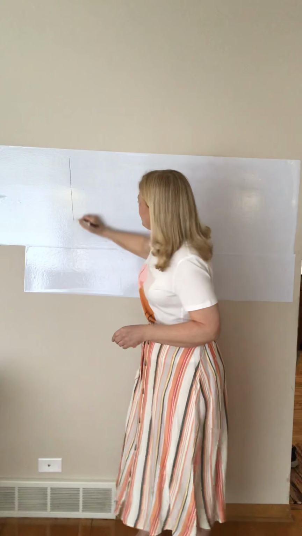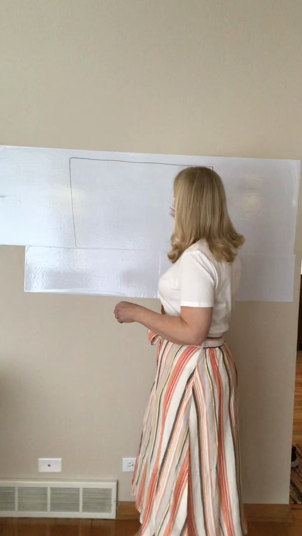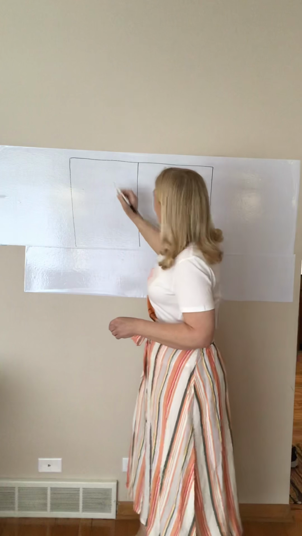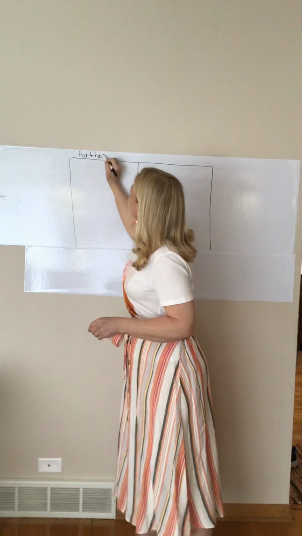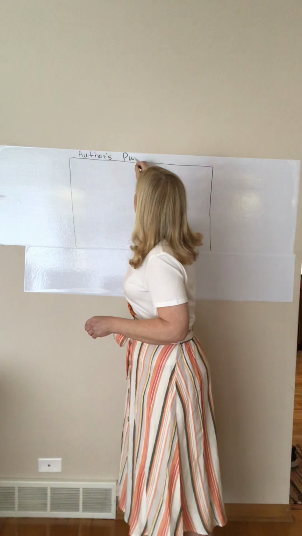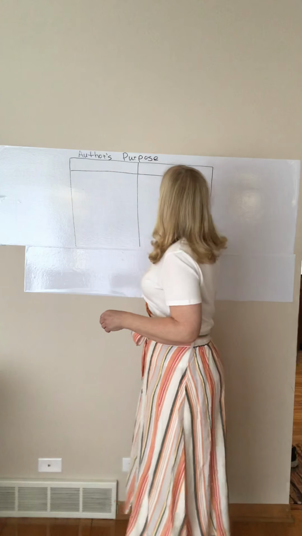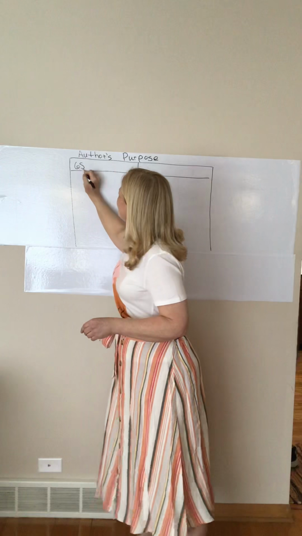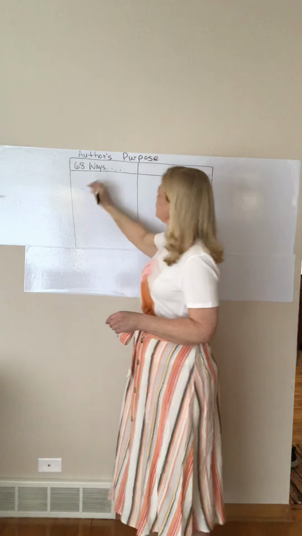And I'm going to just kind of make almost kind of like a T-chart, if you will, over here. Okay. And up at the top, I'm going to title it Author's Purpose. And I'm going to need to put the title of my books. So I'm going to say 68 Ways, and then I'm going to cheat a little bit. I'm just going to put some dots.